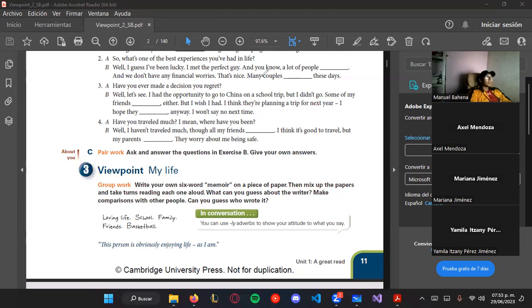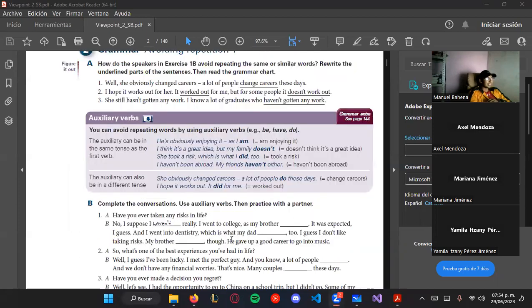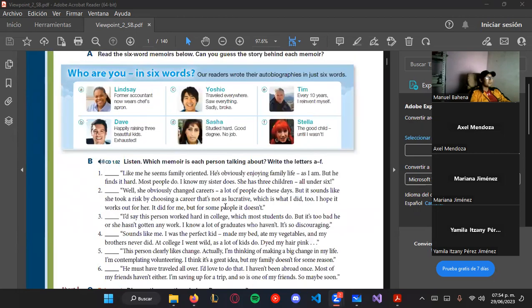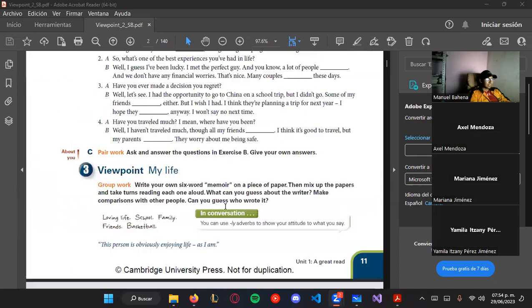Perfect. So you're going to do your own 6-word memoir. Okay, I'm going to give you guys 5 minutes so you can think of a 6-word memoir. All right, una memoria de 6 words. Okay, such as the ones we read on our first class, tales como los que leímos aquí. You can also take inspiration from here, pueden tomar inspiración de esos, right?